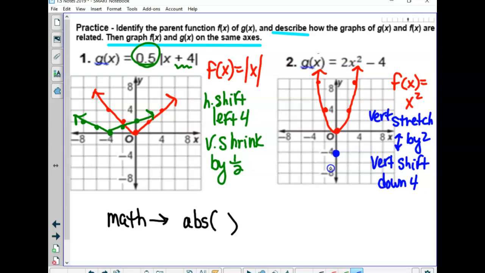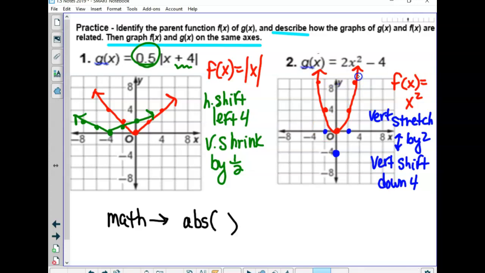You guys didn't check me. I messed up. The parent was supposed to be, the new one's going up by a stretch of 2, right? So I put in a 1, get out, go over 1, go up 2.